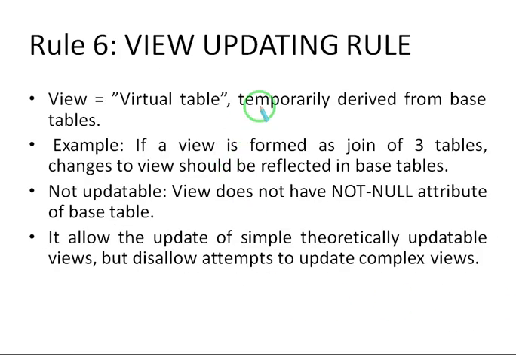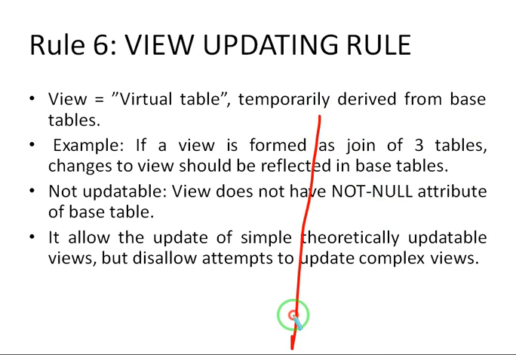Right. Now next is the view updating rule. View means virtual table. We already know that a view is a virtual table that is temporarily derived from the base table.